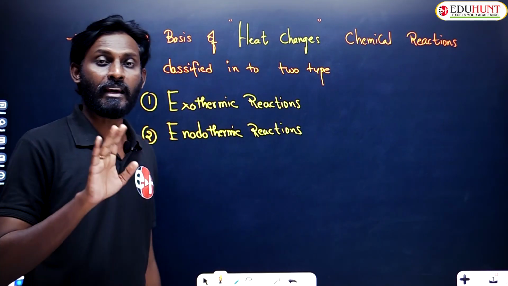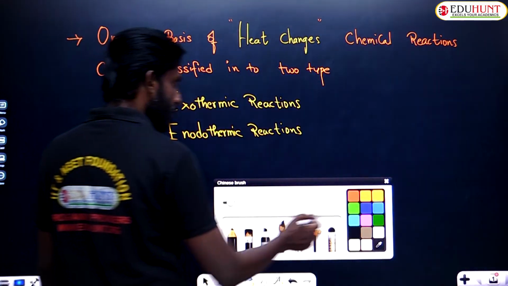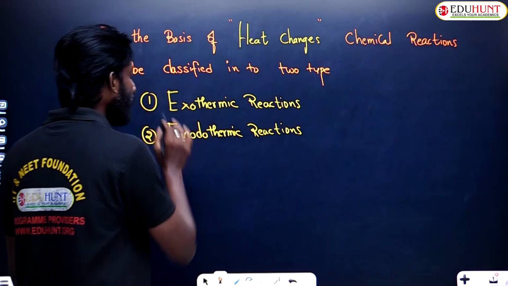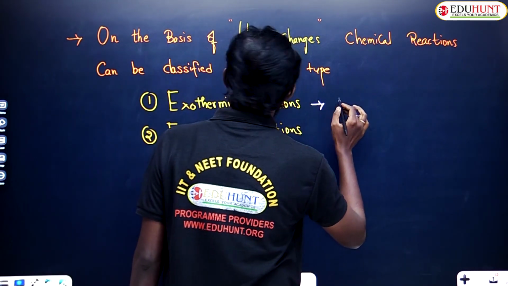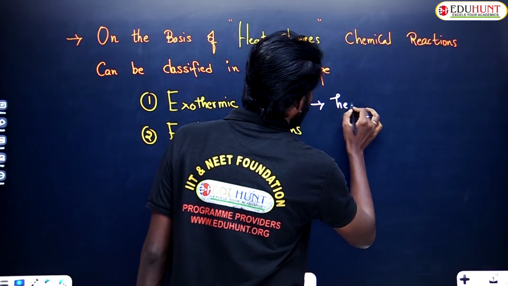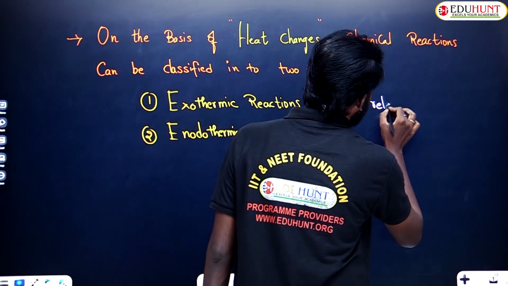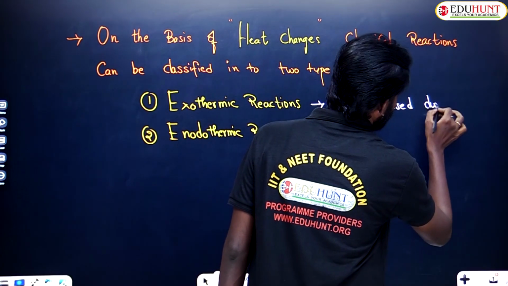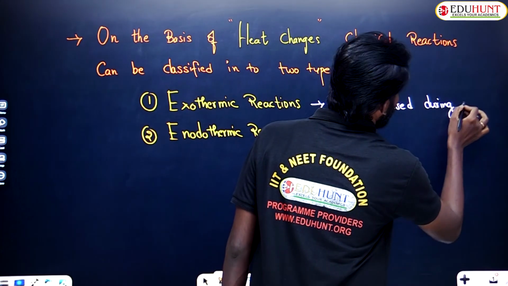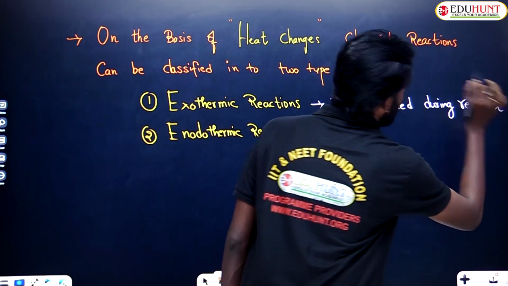If in a chemical reaction heat is released, then that is called exothermic reaction. In this, heat is released during the reaction.